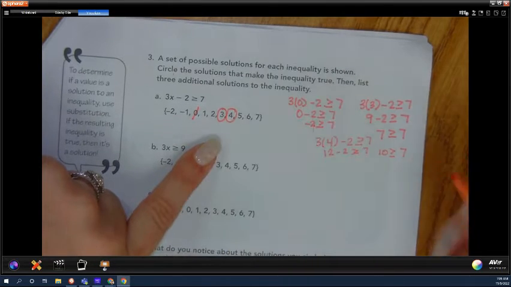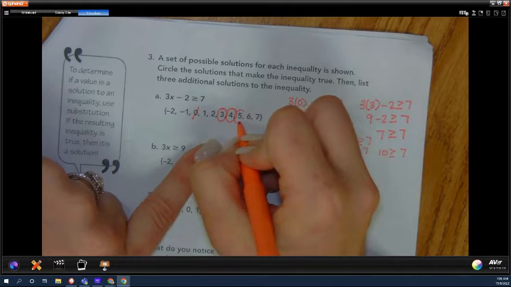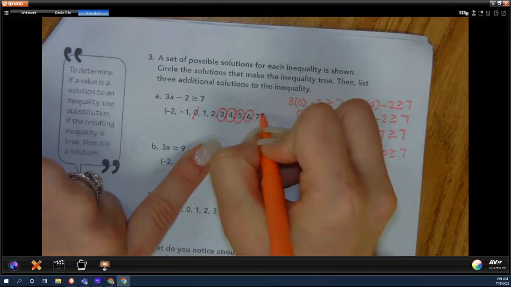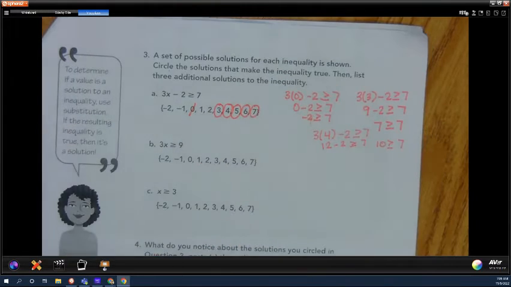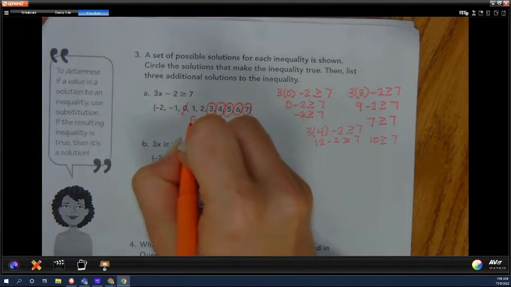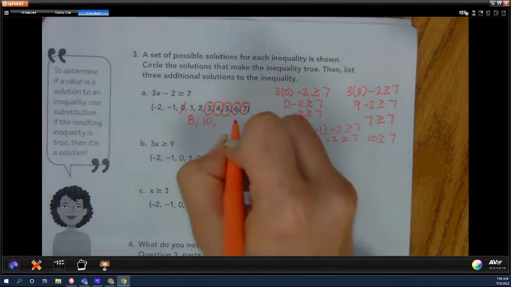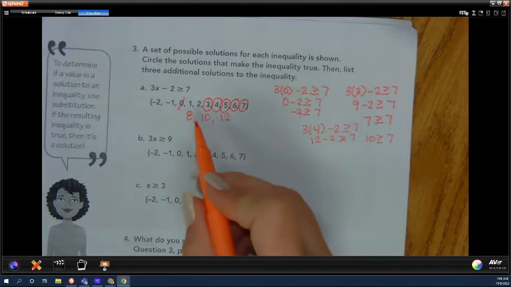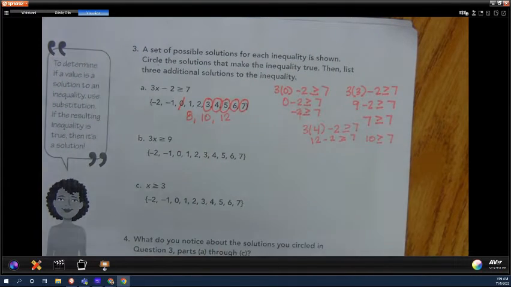Well, if I know that 3 and 4 is, if I keep going up in my number line, I know that all of these numbers here are going to be a solution to my problem. Okay, some other examples of solutions would be 8, 10, 12. Anything bigger than 3 would be a solution to my problem.